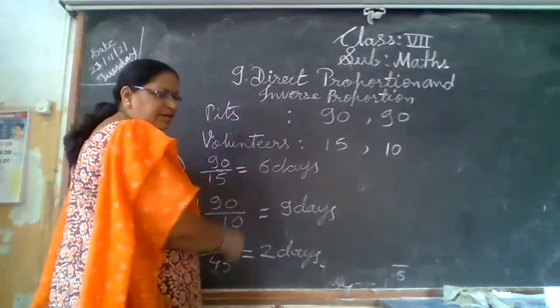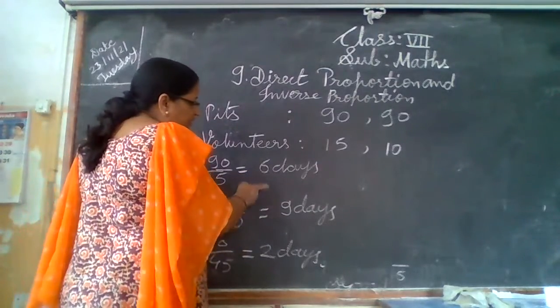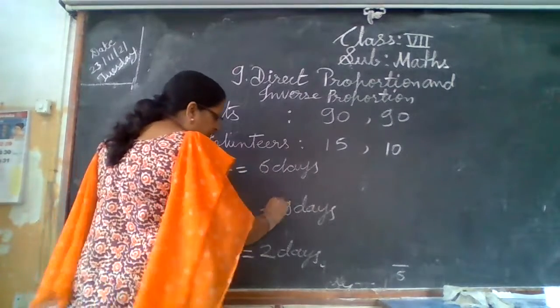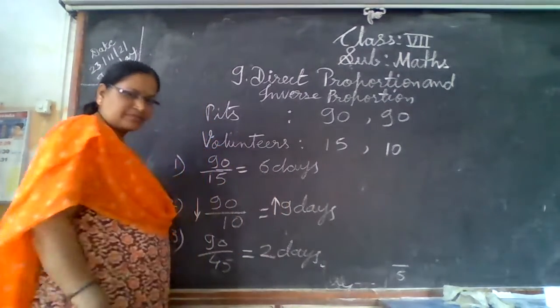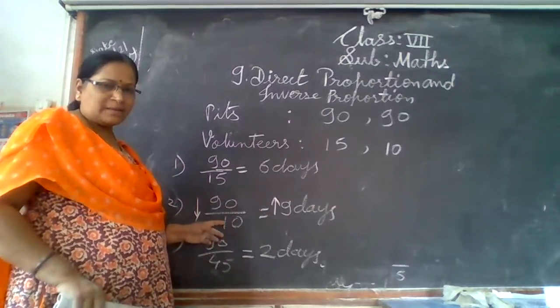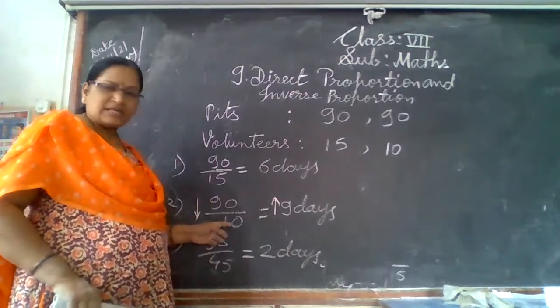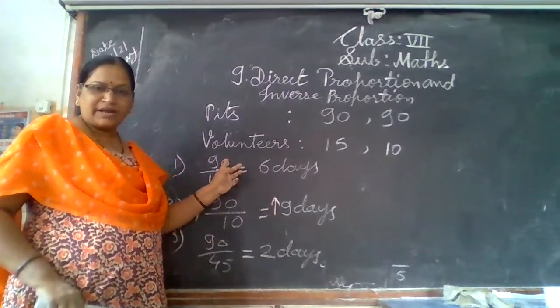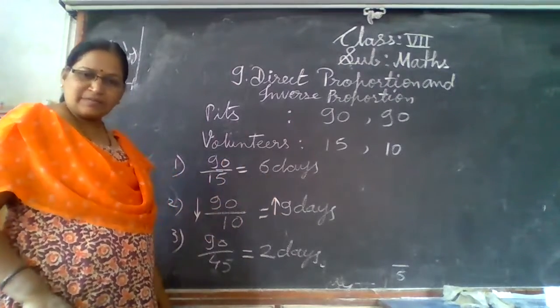Now see, the days required is increased from 6 to 9. The number of volunteers decreases, and the number of days required to dig 90 pits is increasing.